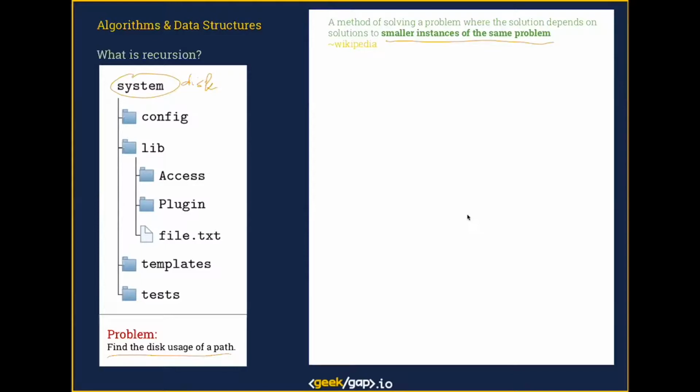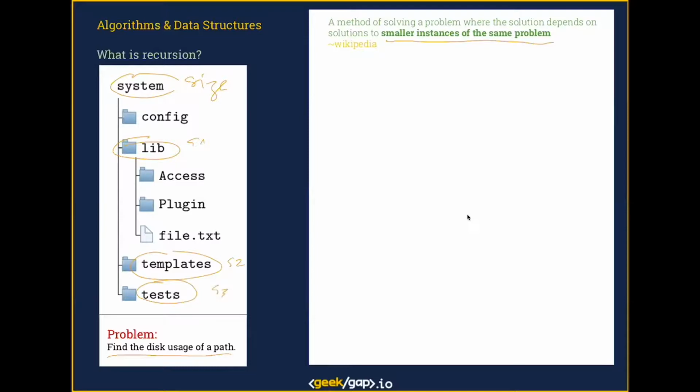Using recursion, in order to get the size of this folder, you need to get the size of all its children first. So you need to get the size of this one, the size of this, the size of this.